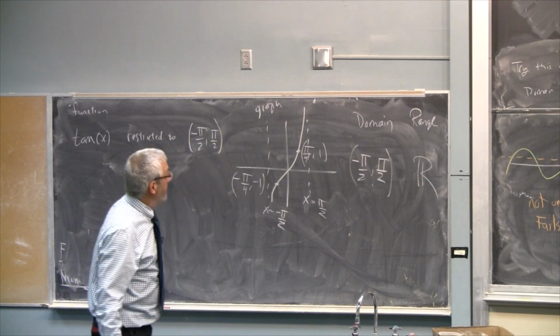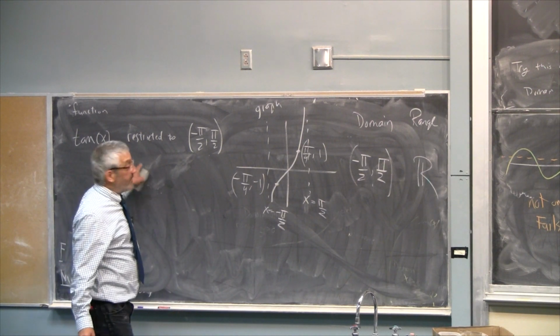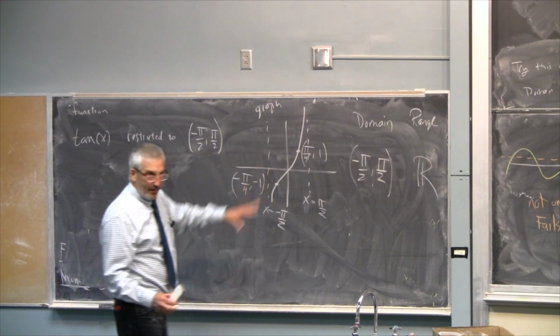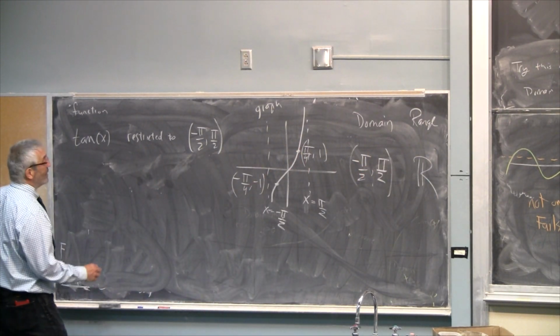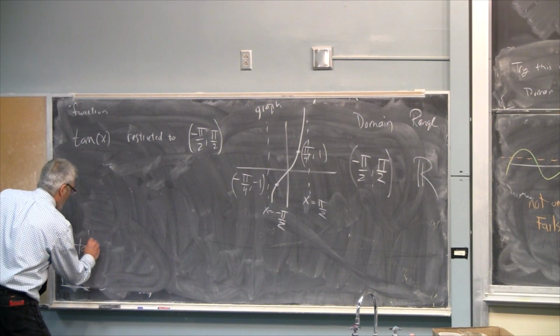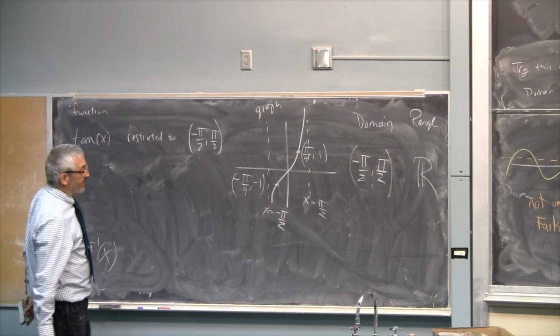All y values are possible. So this thing is 1 to 1. The tangent function would keep repeating, would not be 1 to 1, but if I restrict it to that domain, it is 1 to 1. So the restricted function does have an inverse, which is denoted just tan inverse of x.